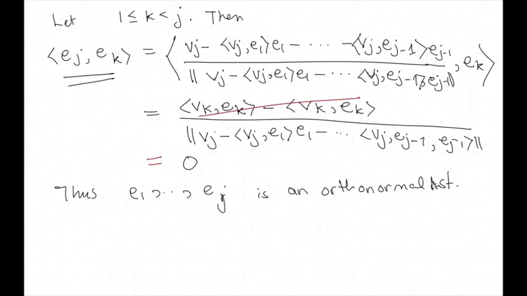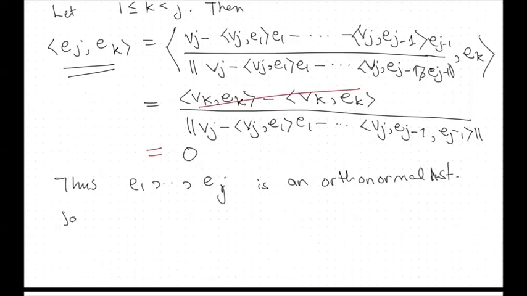Now, from this definition, we see that V sub J now is an element of the span of E sub 1 to E sub J.